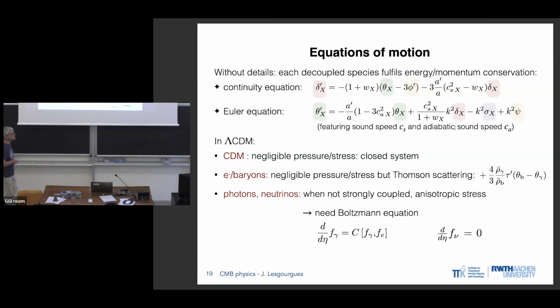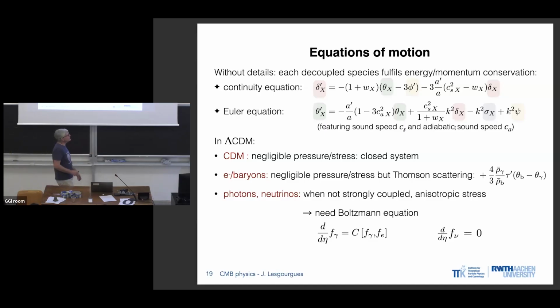This is what happens typically, for instance, also in the Boltzmann equation. So the role of this term is to push the system towards a solution where theta b and theta gamma are equal. It means that Thomson scattering wants to align the bulk velocity of baryons and photons, which is very intuitive since they exchange momentum.